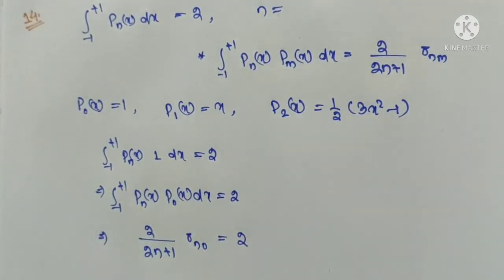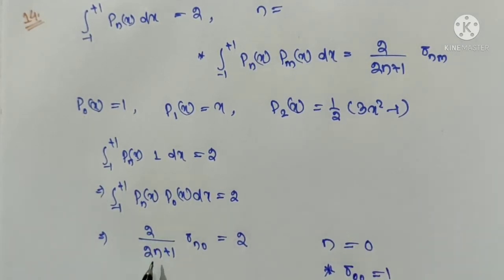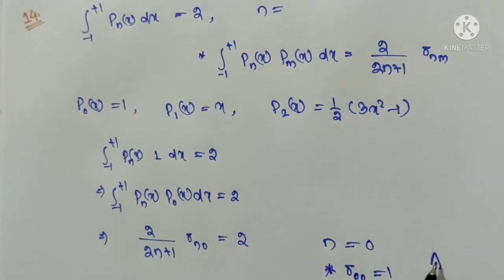Now this left hand side will be equal to the right hand side only if n equals 0, because we know Kronecker delta 0 0 will be 1 and 2 by 1 will be 2. So only for n equals 0 is this integral true. So n equals 0. So your correct option is option A.